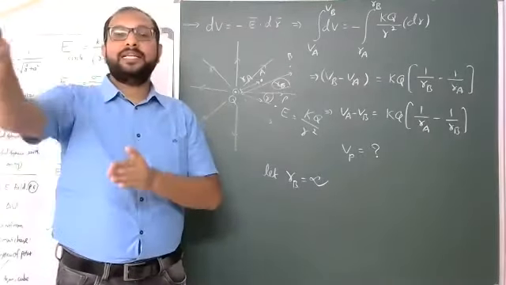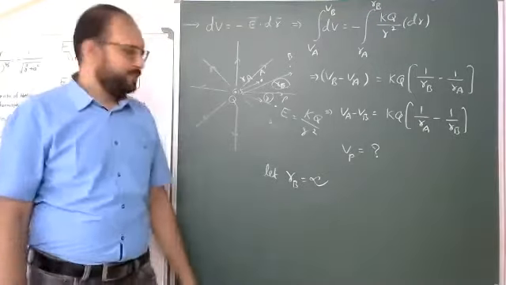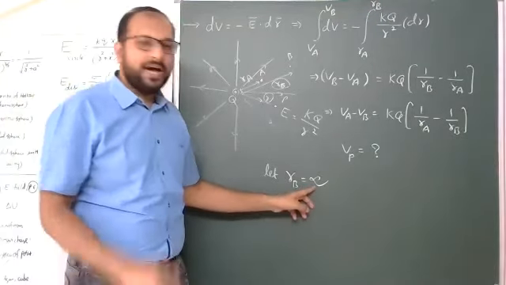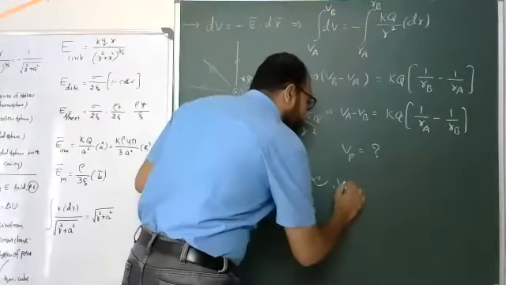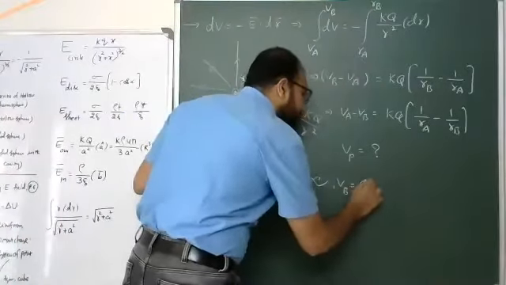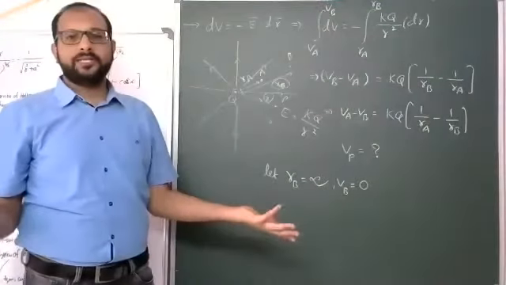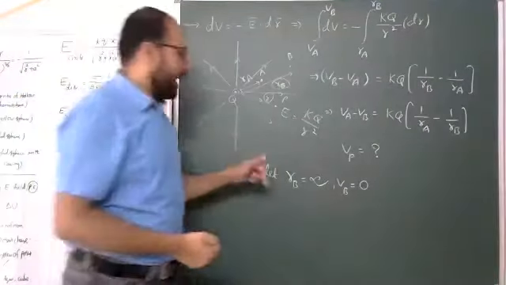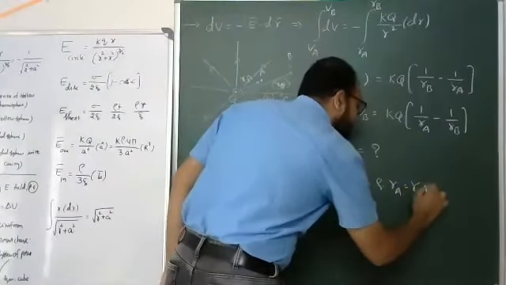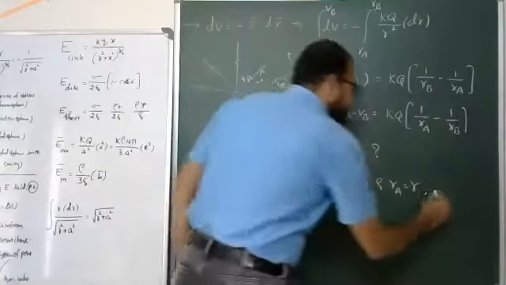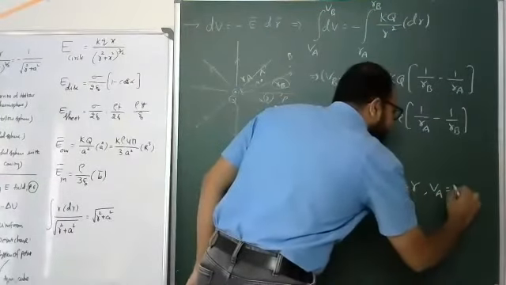So RB is far away, which means potential at B is 0 because no potential is there. And RA is nothing but small r, then VA is nothing but V.